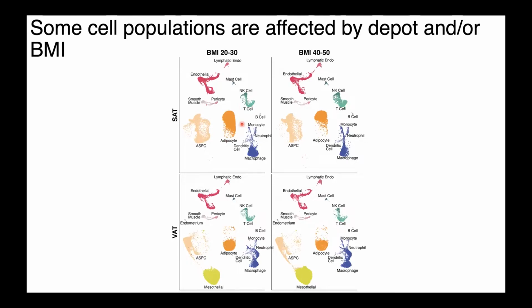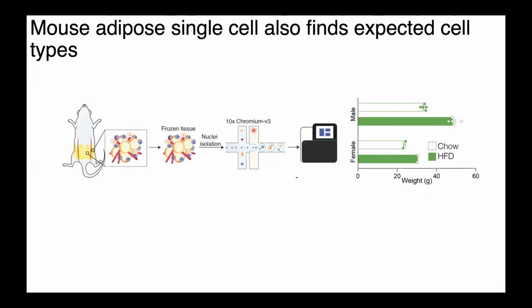For example, the subcutaneous fat, you can see even the adipocytes, even at this level, seem pretty sided by depot. Similarly, we can see that the ASPCs, or adipose stem and progenitor cells, are also quite sided by depot. We do also see some differences across BMI range. For example, the adipocytes, again, seem to migrate more to this end in the higher BMI ranges, and we see other differences in immune cells as well.